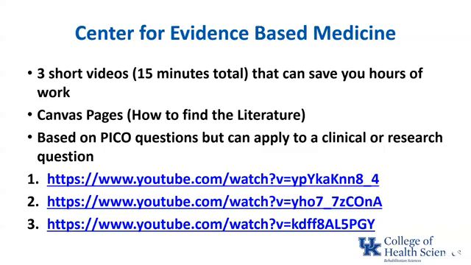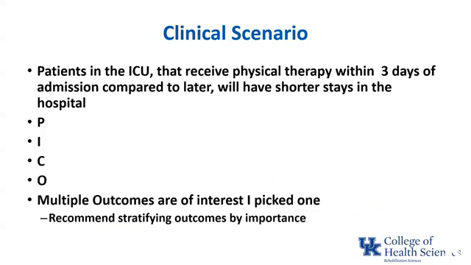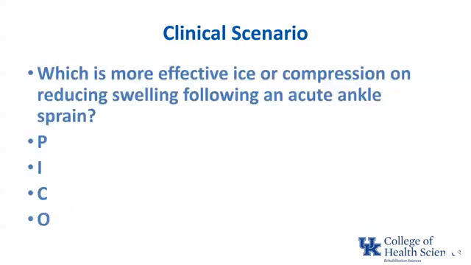I think it's really helpful for when you get out and look for clinical questions to organize that. So I tried to modify one of the examples for the ICU study that was going on. The population would be patients in the ICU, whatever your intervention might be, and then the outcome. You had multiple outcomes, but mortality or stay in hospital might be of interest.